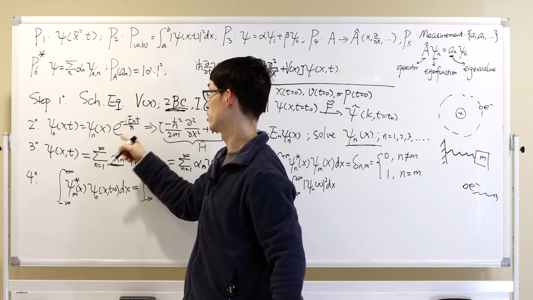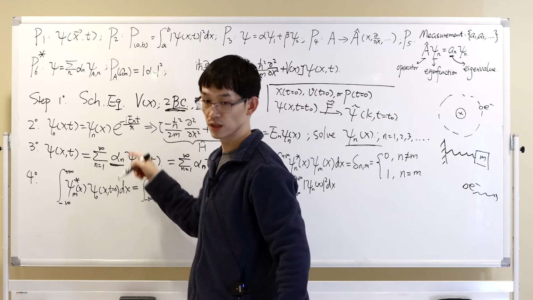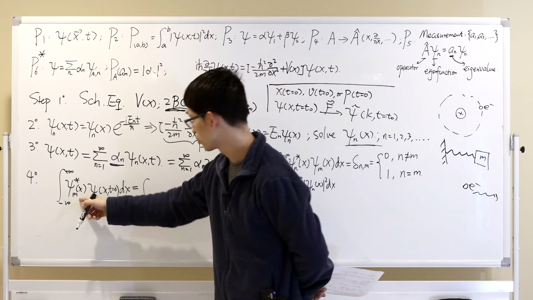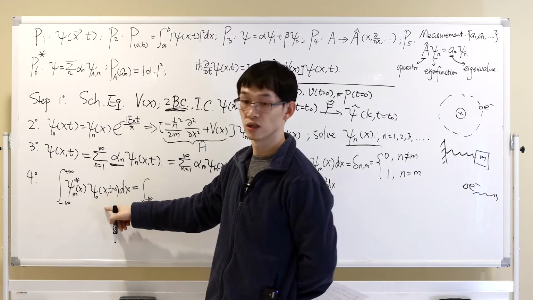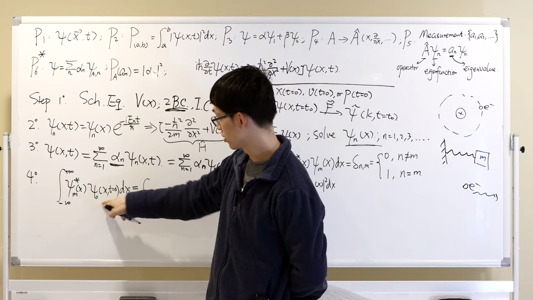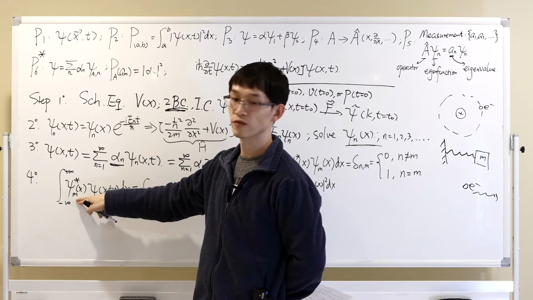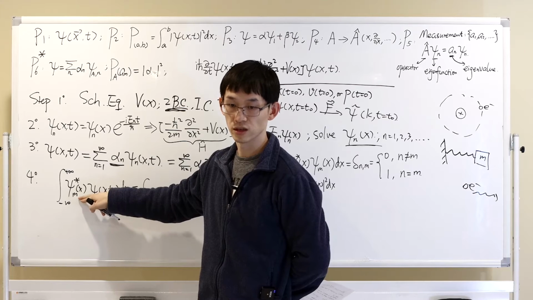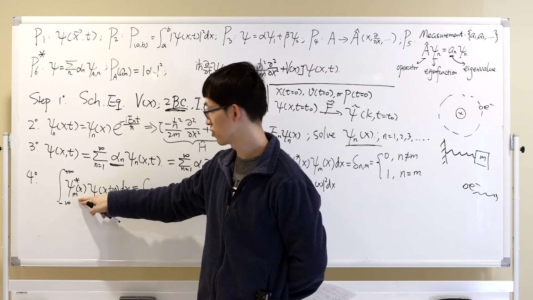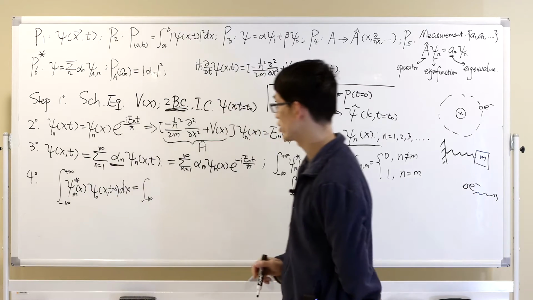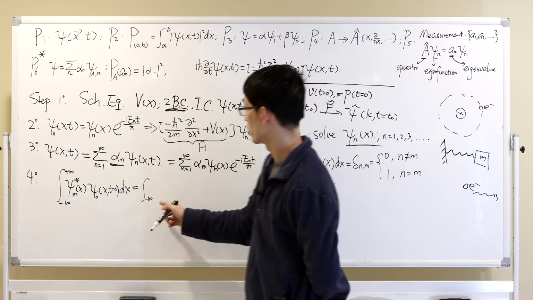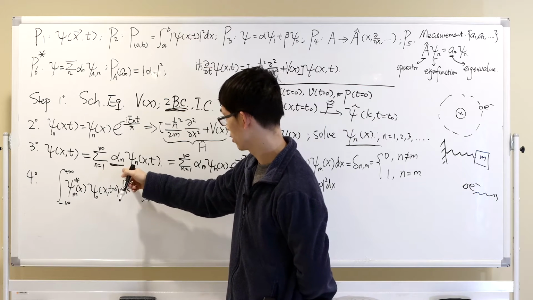Because time is 0 here, this term is 1. So do this integration. This integration is actually known because you know in initial condition this function is known to you, and you have already solved the eigenstate, so you also know this function here.